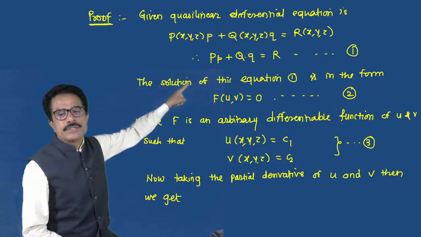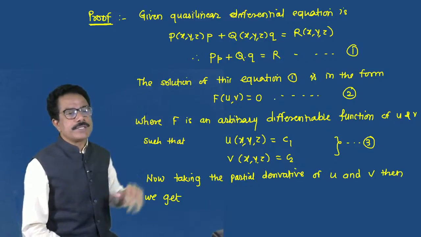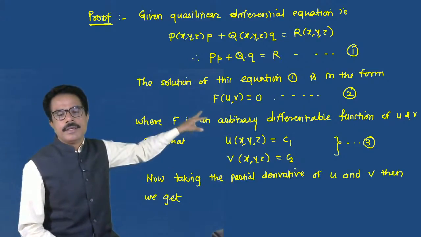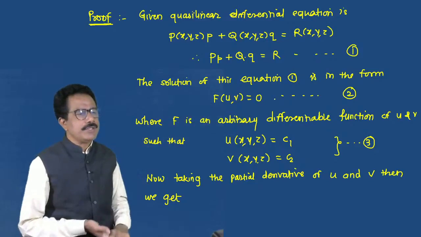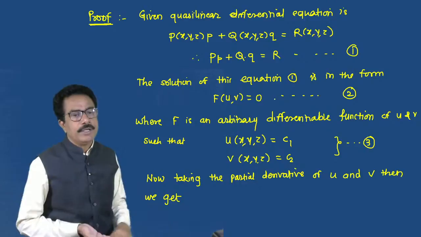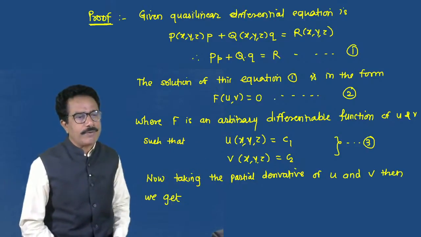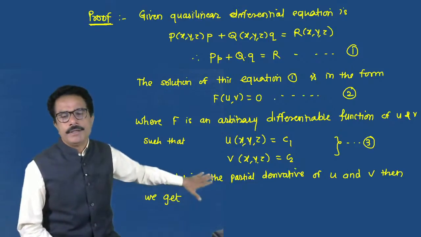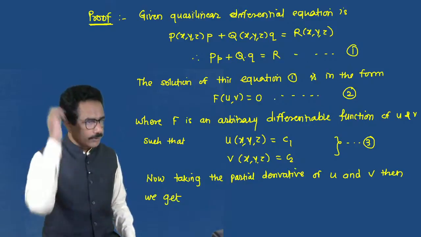So we can write in short, capital P into p plus capital Q into q equals R. We have to prove that the solution of this equation is in the form F of u, v equals 0, where F is an arbitrary differentiable function of u and v, such that u is a function of x, y, z equals c1, and v is a function of x, y, z equals c2.